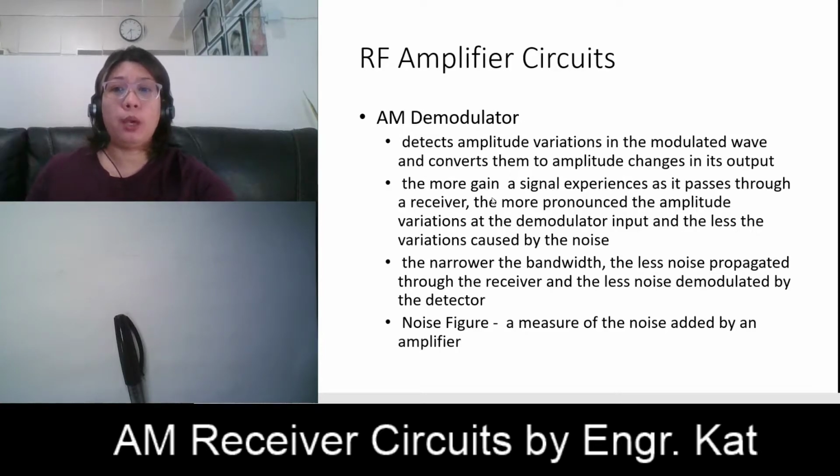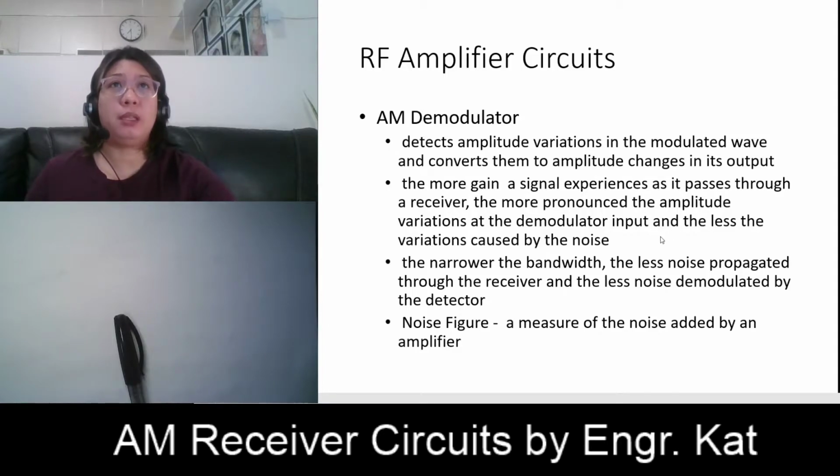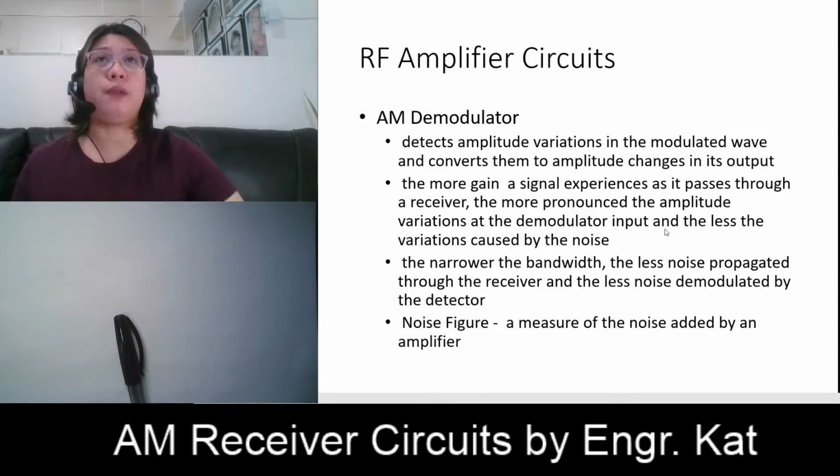The more gain a signal experiences as it passes through a receiver, the more pronounced the amplitude variations at the demodulator input and the less the variations caused by noise. Noise voltage plays a very vital role in our received signal.